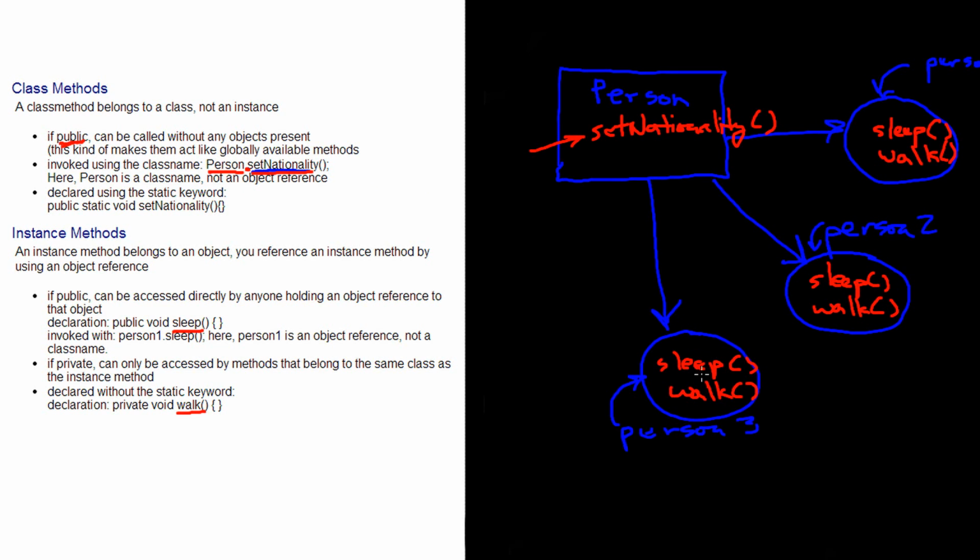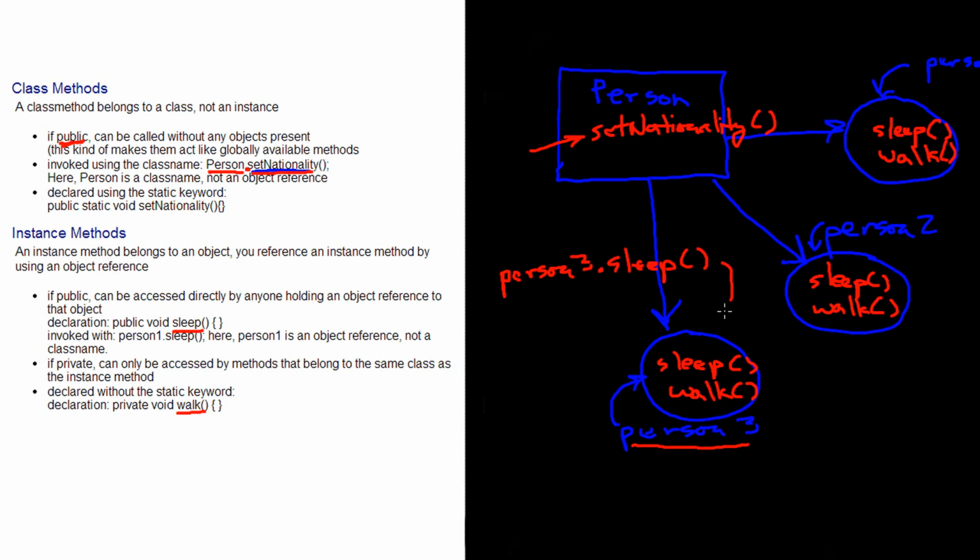In order to call sleep or walk, I first have to create at least one object of class person, and now I can call sleep or walk, but I have to call it through the reference. So I'm going to say, for example, person 3 dot sleep.